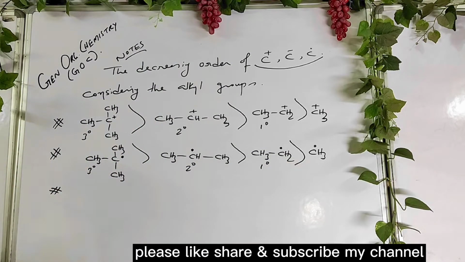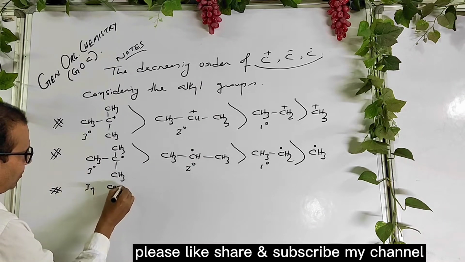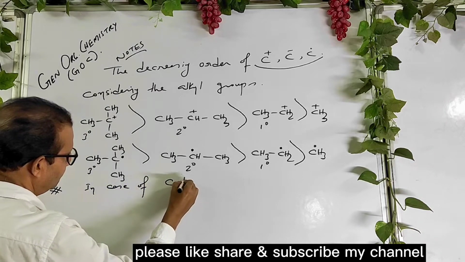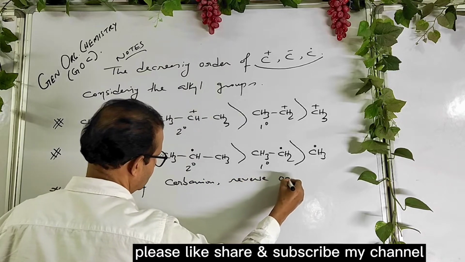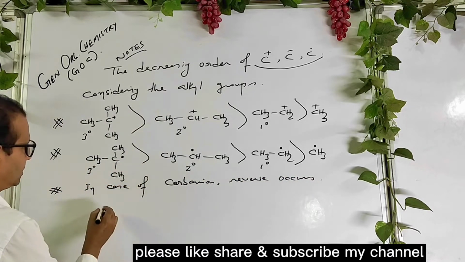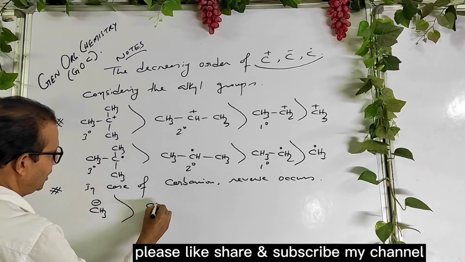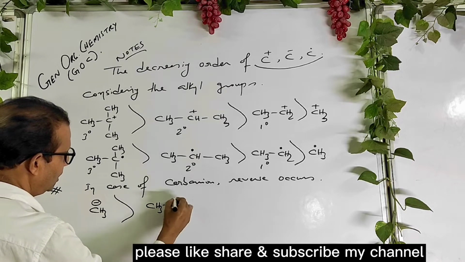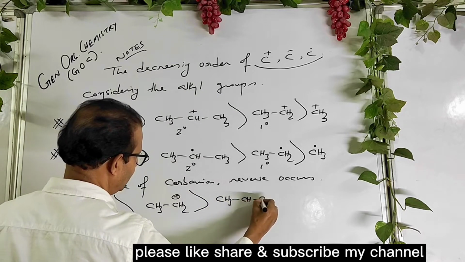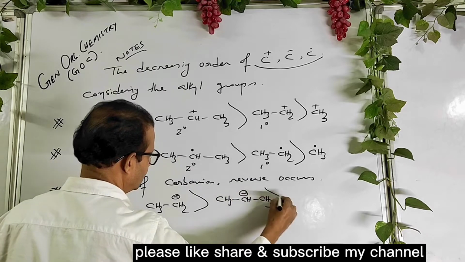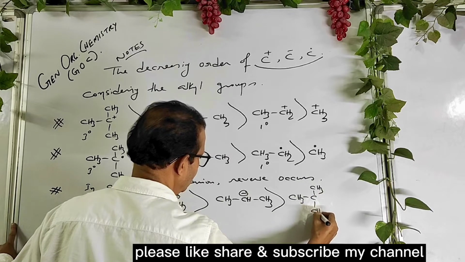If you consider carbanion, in case of carbanion the reverse occurs. That is, methyl carbanion is more stable than ethyl carbanion, which is more stable than dimethyl carbanion, which is more stable than trimethyl carbanion.